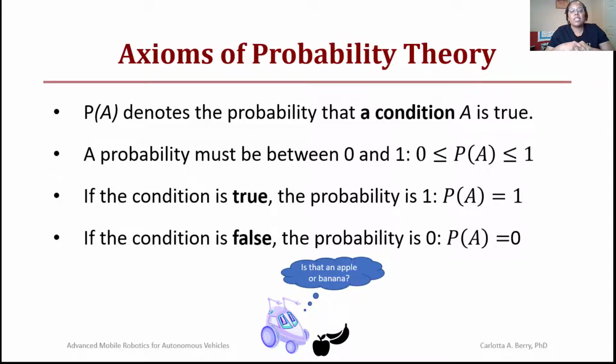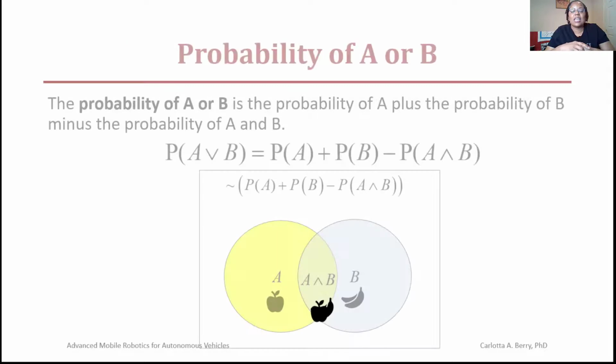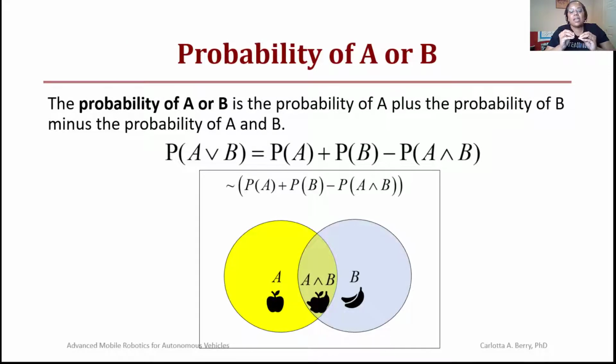So the probability of A or B states that the probability of A or B is the probability of A plus the probability of B minus the probability of A and B. And we can see that here in this Venn diagram, because if we have these overlapping probabilities, then you know that the probability of A and B will actually be included twice.